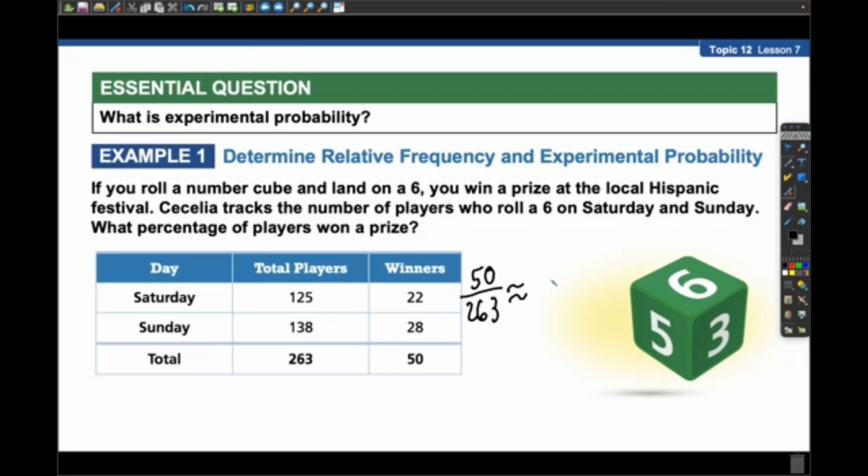So you get 0.19, and that, of course, would be 19%. So about 19% of the players that played the game won a prize. Okay?